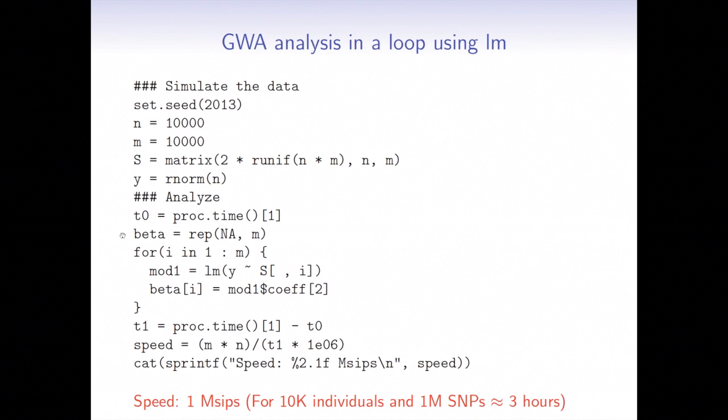I pre-specify my vector of betas, and then in a loop for each SNP at a time I fit the LM model and I save my beta in a vector, and then we measure the speed, and that was 1 megasieve. So for 10,000 individuals and 1 million SNPs, we would need around 3 hours on my computer, and you can keep this number of 3 hours when I compare it in a moment to our proposal.